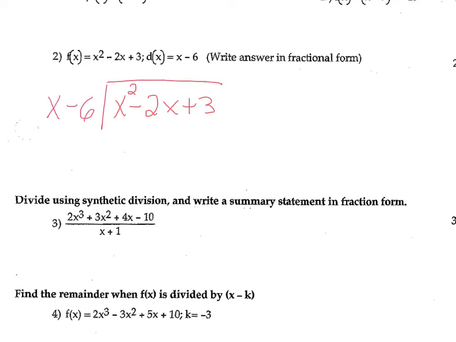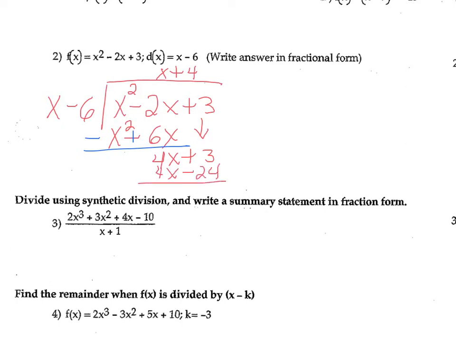So x times x is x squared. X times negative 6 is negative 6x. Then you change the sign and combine the terms. This is 4x. Bring the 3 down. And then 4 times x is 4x. 4 times negative 6 is negative 24. Then you change the signs, and when you combine that, it becomes 27.